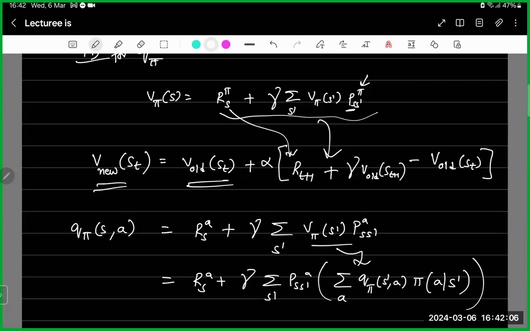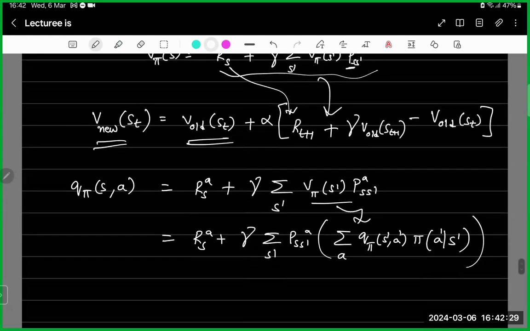V pi is, you just act according to policy pi: with probability pi of A given S dash, you take action A. If you take action A, this is the return that you'll get, Q pi of S dash comma A. Maybe I'll use A dash here because A we are already using in the first term. So sum over all A dash.